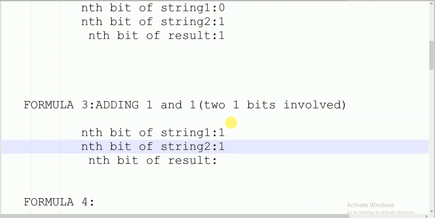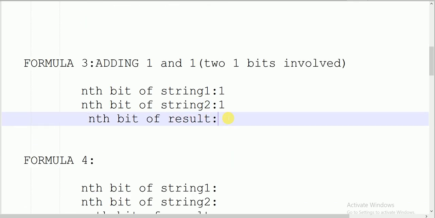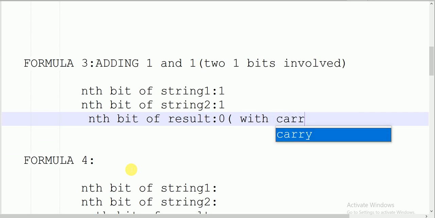So again, no carries involved, I'm mentioning this every time. So the nth bit of result is a 0 with carry. So 0, and there will be a carry that will be in store for the upcoming corresponding bits.